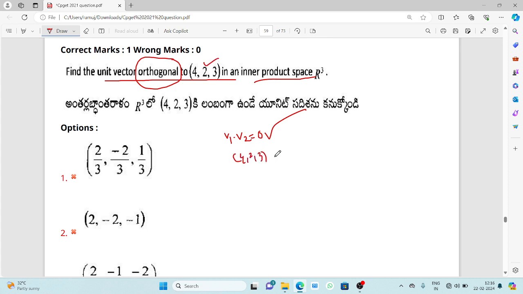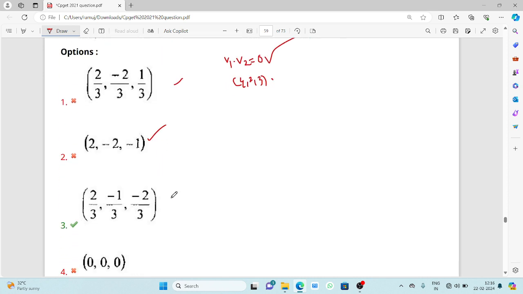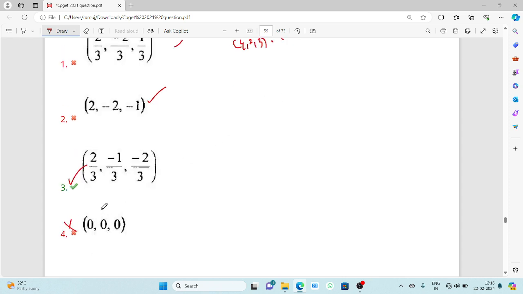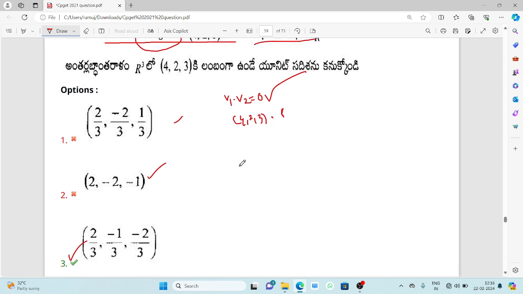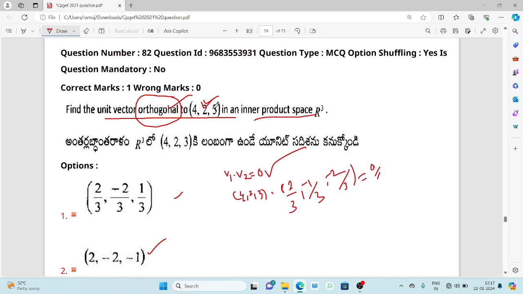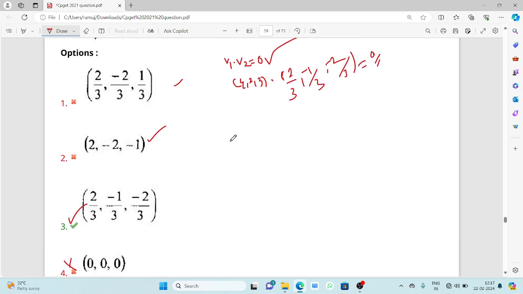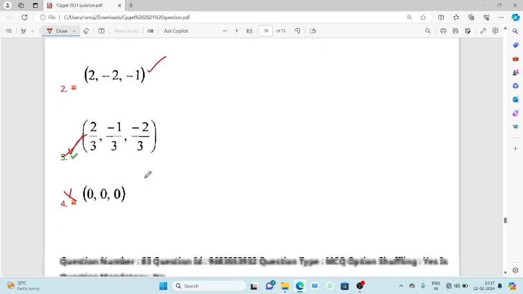In place of v2, you just take the vectors one by one by option verification. This should satisfy the condition, but the identity will never work because he provided a non-zero one. So we will use the non-zero one only. That will give you 2 by 3, minus 1 by 3 and minus 2 by 3. If you do this, you will definitely get 0. 0 is the answer. So that is orthogonal to 4, 2, 3. So this is the correct option for this question.